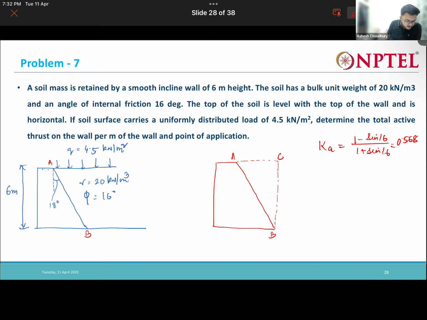Next, now what will we do? We will do whatever we have done till now, our usual case. So for this Q, how will the variation be like this? 4.5 into K, not 6.